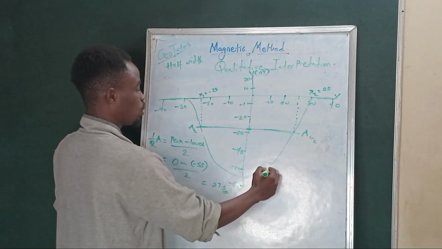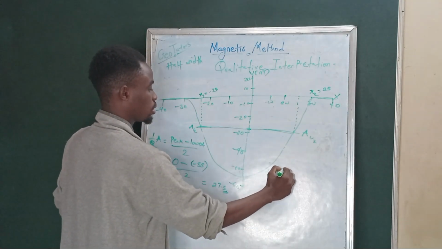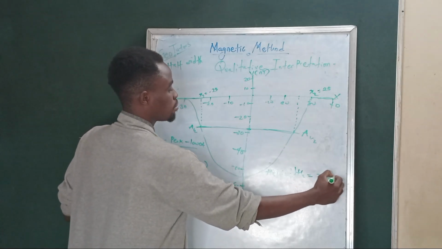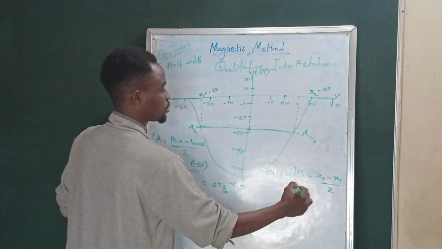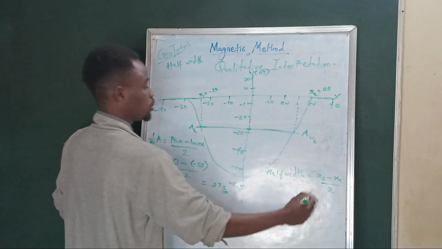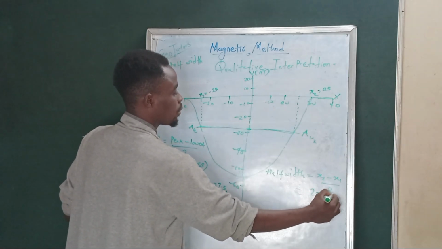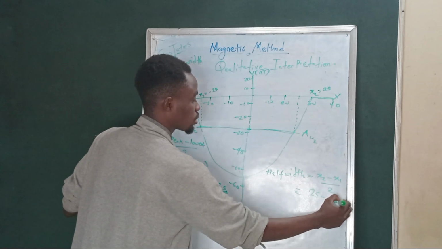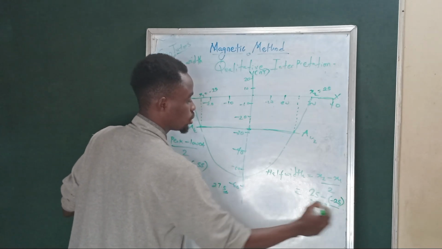So our half width formula gives us x half equals x2 minus x1, over 2. Our x2 is equal to plus 25 minus our x1, which is equal to negative 25, divided by 2.